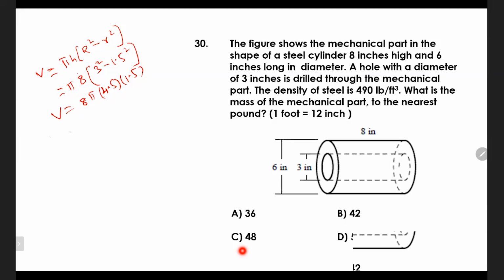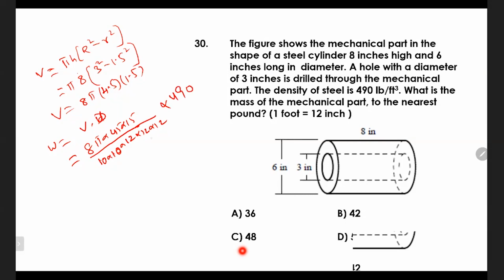So we know the volume. So weight equals volume into density, or capital D we call. Volume is what? 8 pi into 45 into 15 by 10 into 10 into 12 into 12 into 12, because I'm converting into feet, into 490.